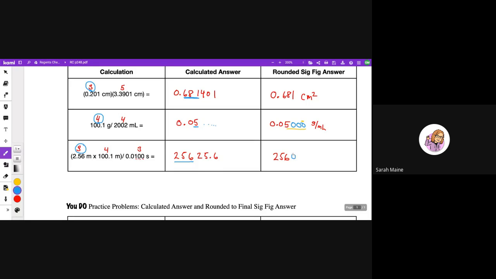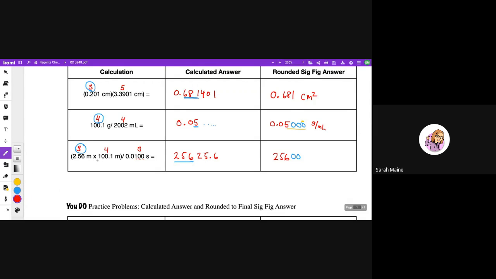So these placeholder zeros, they're placeholders. They are not significant, but they help maintain the value. So 25,600 is a much more similar value to $25,625.